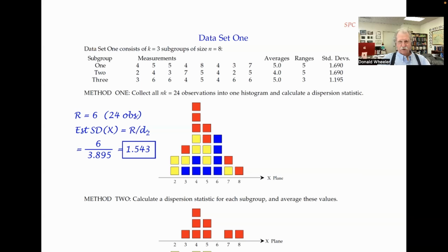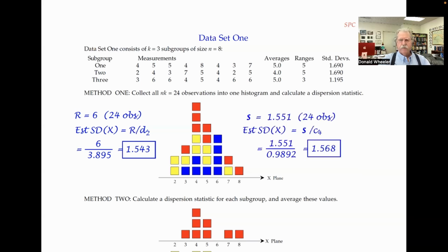Well, you say, I have a calculator that will do a standard deviation. Why don't I use that? Well, you can. You put all 24 data in the calculator, you push the magic button, and you get s equals 1.551 based on 24 observations.